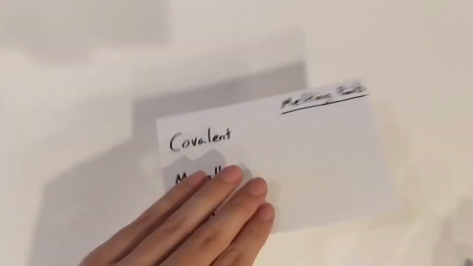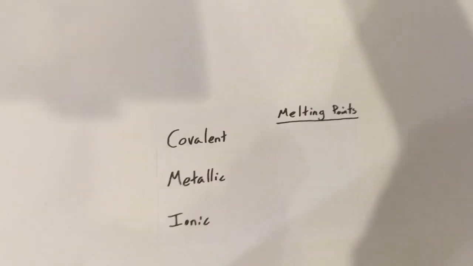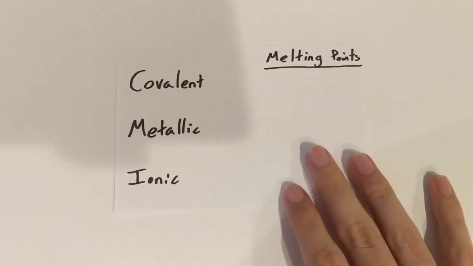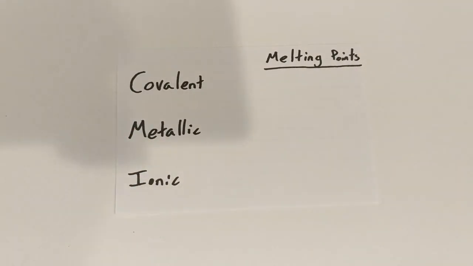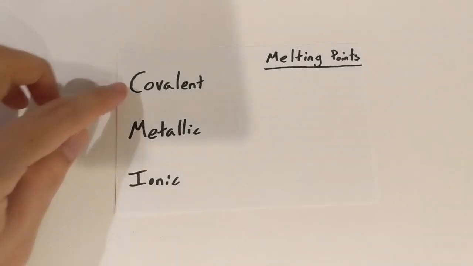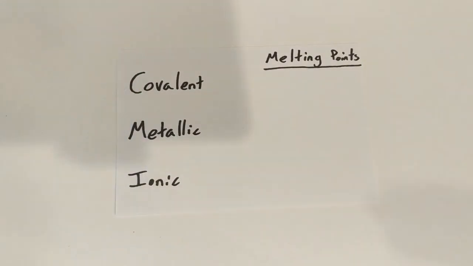So let me share with you guys this right here, and we'll zoom in. We talked about these three types of bonds: covalent bonds, metallic bonds, ionic bonds. They form different types of compounds. In general, covalent molecules: water, oxygen, nitrogen, the air, carbon dioxide, sugar.